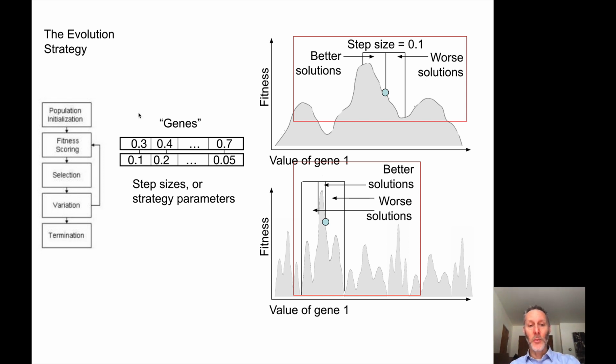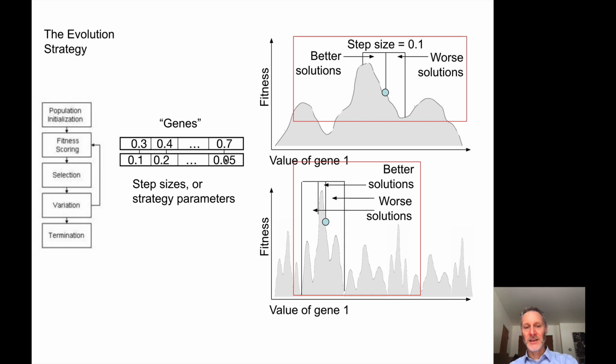So if we copy 0.3, we might modify the value 0.3 by anywhere between 0.2 and 0.4, 0.1 less than 0.3 or 0.1 more than 0.3. As we're copying the parent gene values into the child gene values, when we hit this particular gene, this one is going to be mutated more than this gene was.